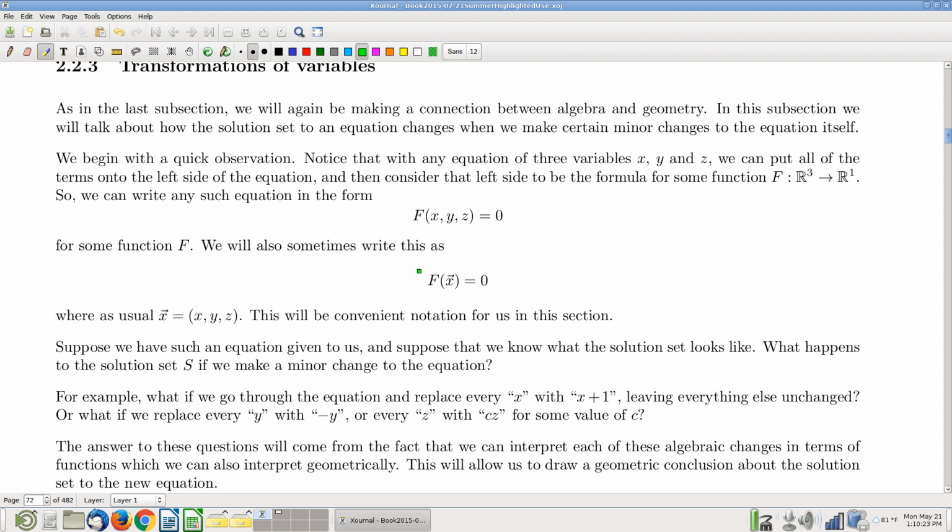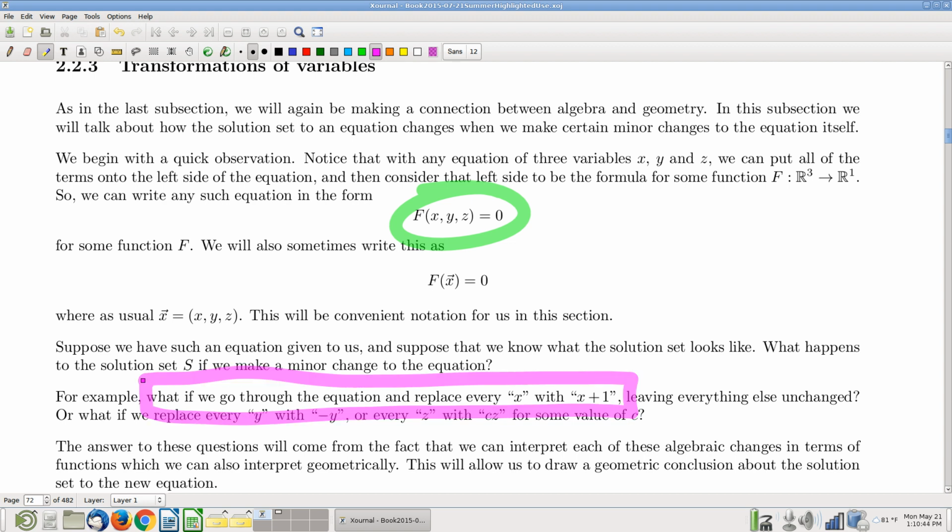Okay, so here's the question. Suppose I know what this surface looks like. I've got an equation involving 3 variables, some surface maybe that I've already studied, maybe through cross sections, whatever, but I already know what the surface looks like. What would happen if I were to go through the equation and everywhere in the equation that I see an x, I just erase it and put x plus 1 in its place?